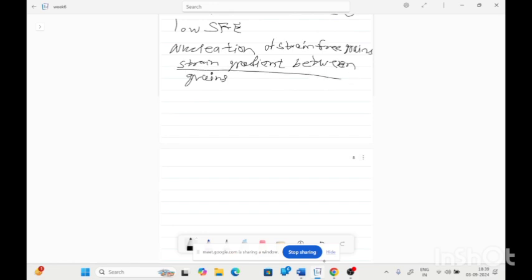What is the strain gradient between grains?